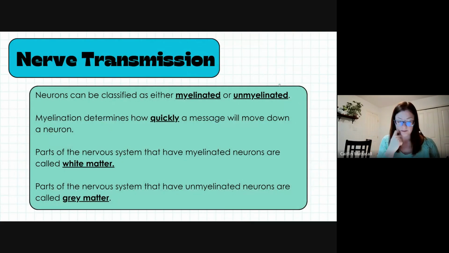So nerve transmission. It's also important to understand that your neurons aren't always going to have a myelin sheath.